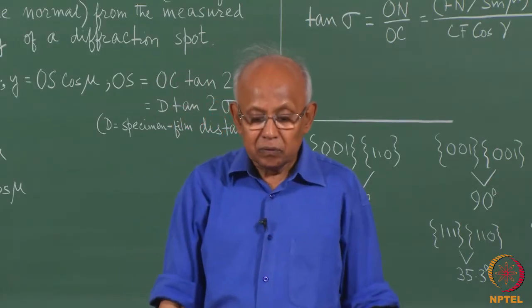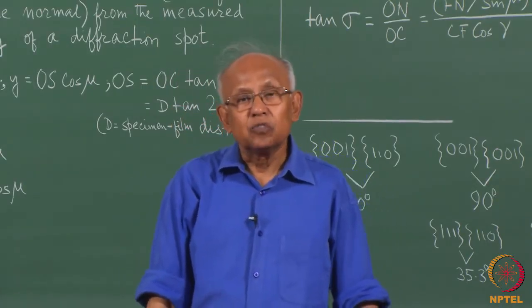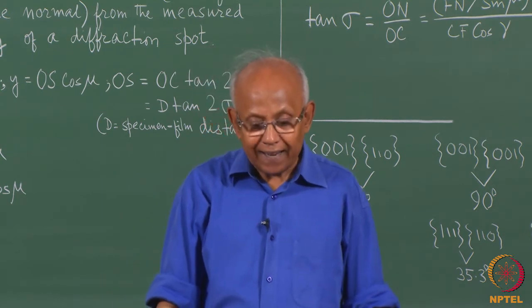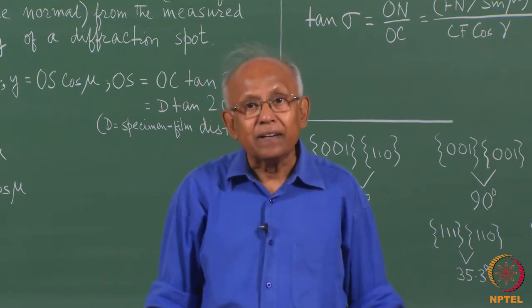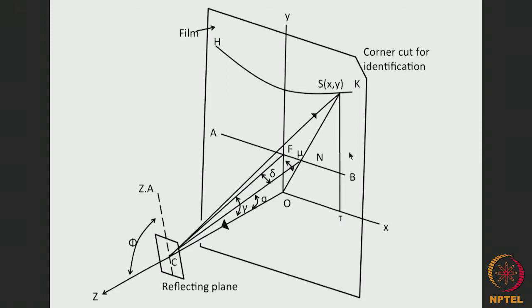Whenever we get a spot on the X-ray film in the back reflection Laue method, it is possible to find out the value of theta or the Bragg angle for that particular spot.